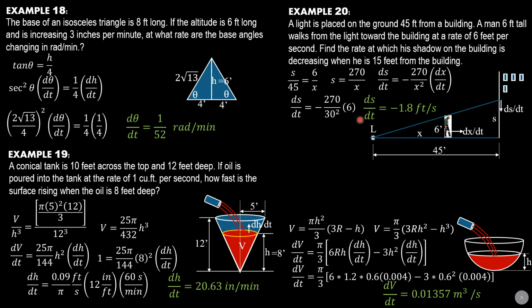So the value is negative, showing that the rate at which the shadow of the man on the building is indeed decreasing. So the negative sign means it decreases.